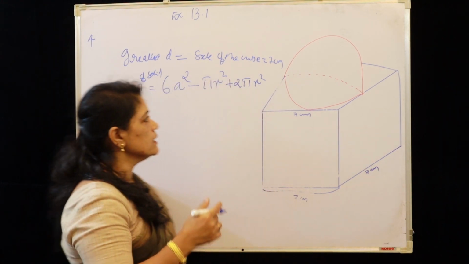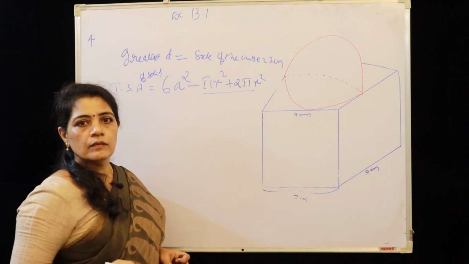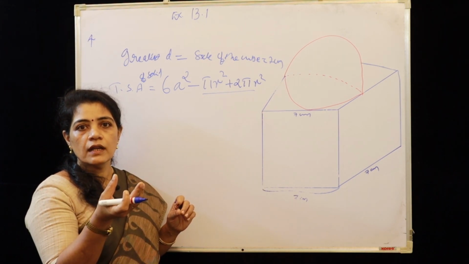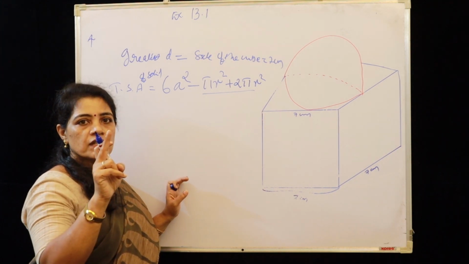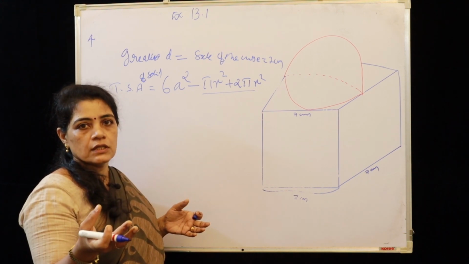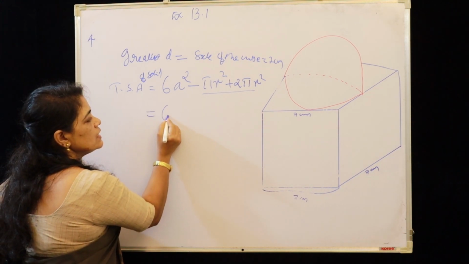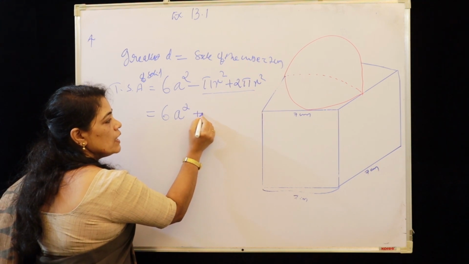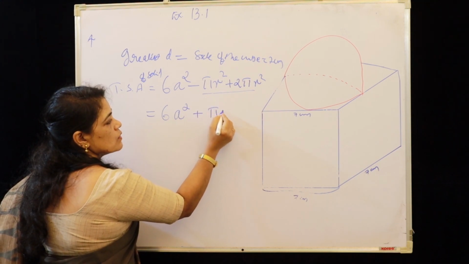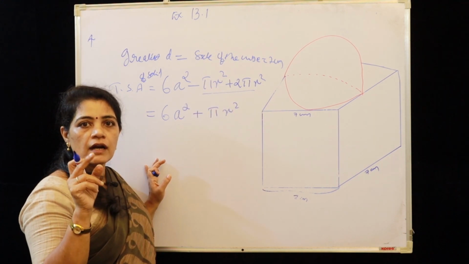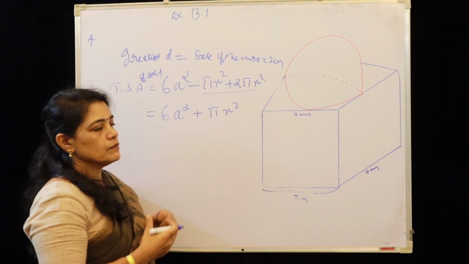Now you just see that in the second and third term, both are in pi r square: minus pi r square plus 2 pi r square. Minus pi r square coefficient is 1, and minus 1 plus 2 is positive 1, and no change for the first term, 6a square. This can be simplified, and now we have plus pi r square, coefficients minus 1 plus 2 become plus 1.